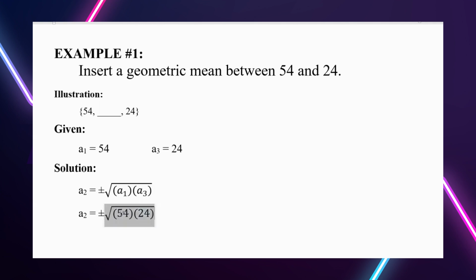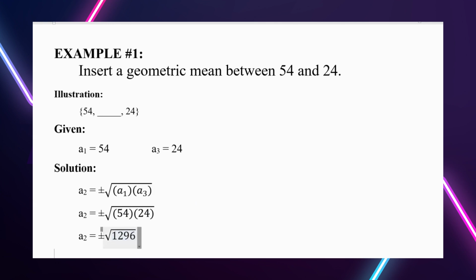Next is we have to get the product of 54 and 24. So the product of 54 and 24 is 1,296.